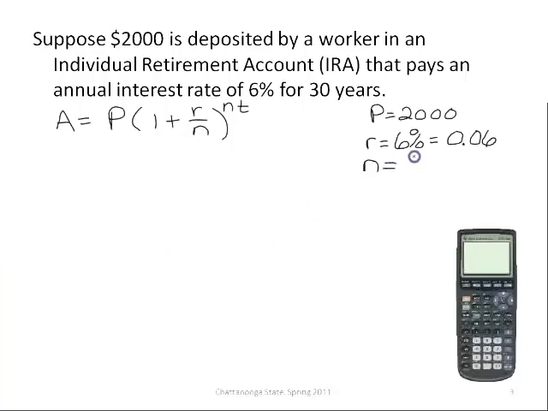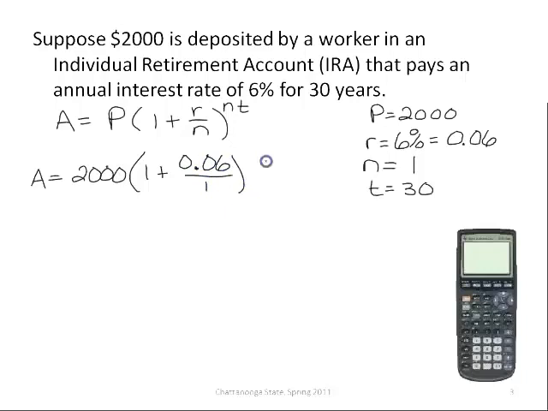The number of times each year it's compounded is 1 because it's going to be compounded at the end of each year. The number of years we're going to keep it in is T. So T is 30. So A will equal 2,000 times 1 plus 0.06 divided by 1 raised to the 30 times 1 power.